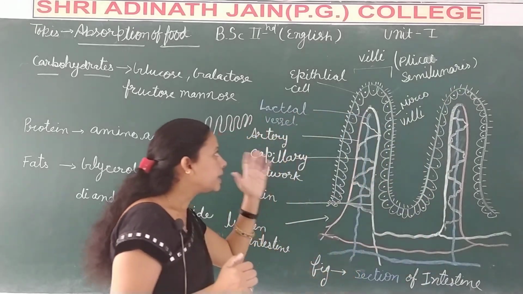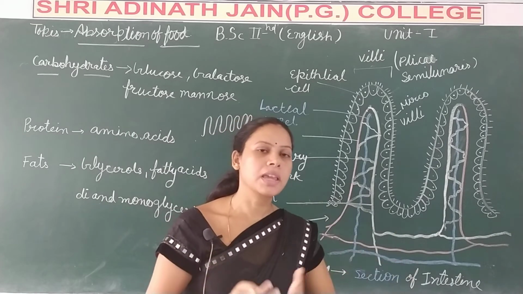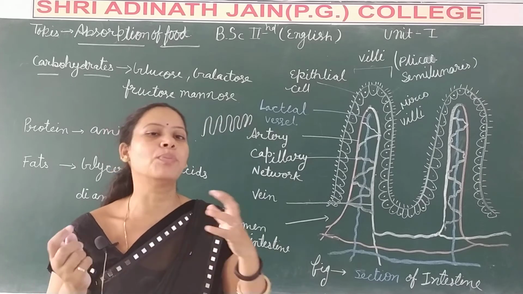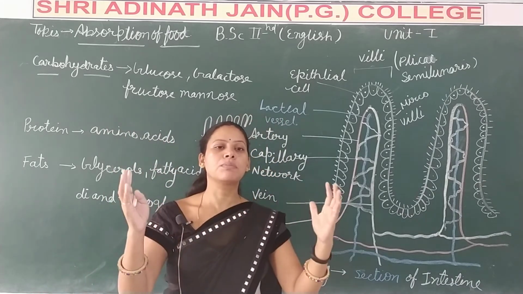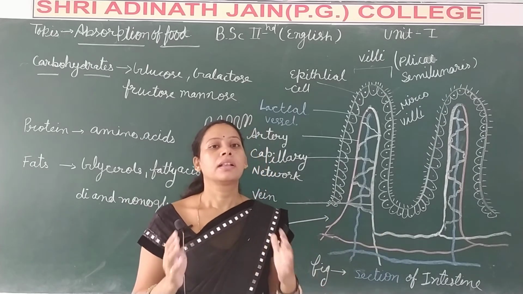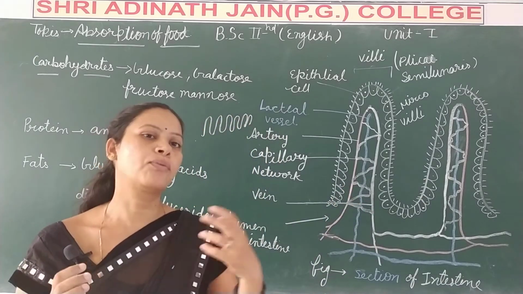Okay, these villi increase the surface area of the intestine to absorb the food material. This greatly increases the area of the intestine so that most of the food material can be absorbed there.